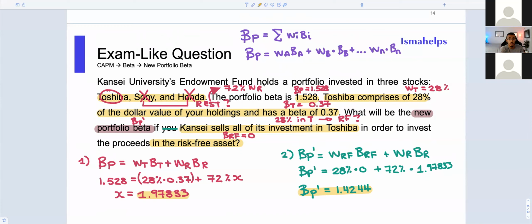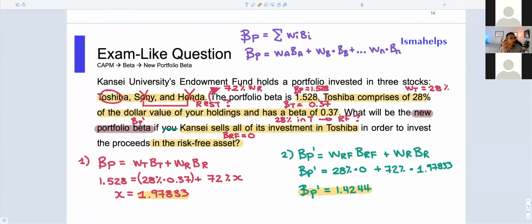But in this case, you saw it highlighted: what will be the new portfolio beta? If they want you to find a new portfolio beta, it's typically us selling a stock that we have right now or us buying a new stock. So that's going to be the technique. Always think about that.